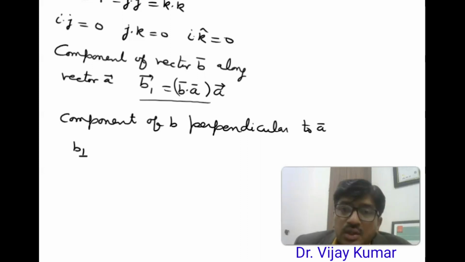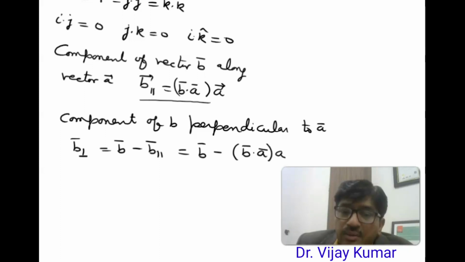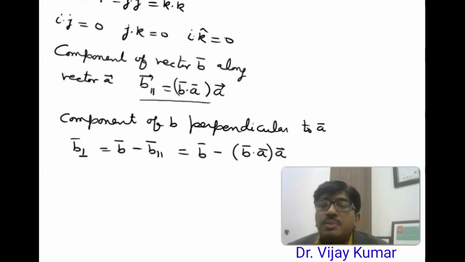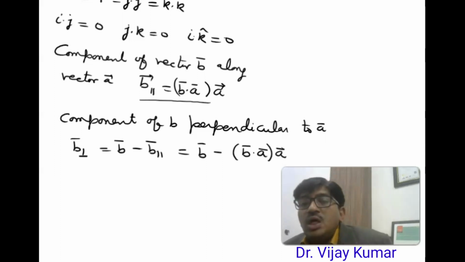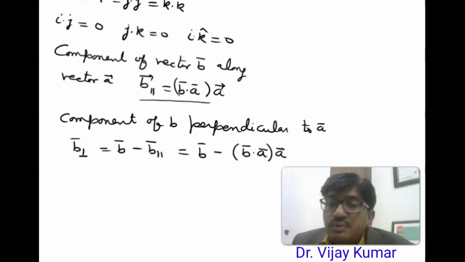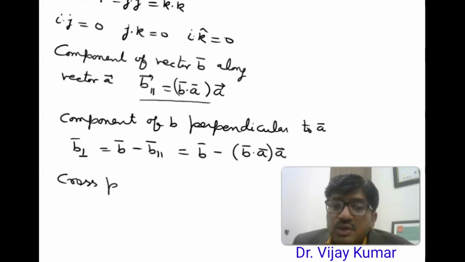It is B parallel, it is B perpendicular, and it should be B minus B parallel. So B minus B dot A into A. This is the component of B perpendicular to A. So these are the concepts of scalar product, or we can say dot product. Now we will move towards the cross product, or we can say vector product.